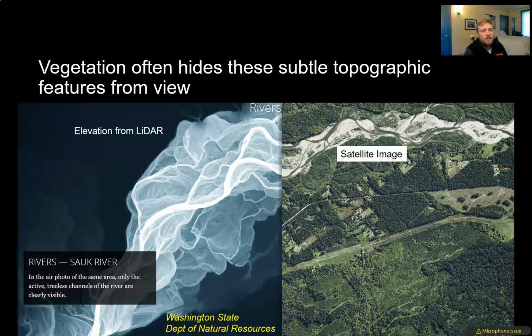So this is a side-by-side image of a river in Washington State, which is also really densely vegetated. Right? The Pacific Northwest is really wet, gets a lot of rain, so there's a lot of dense vegetation. And on the right is just the satellite image of the Sauk River.